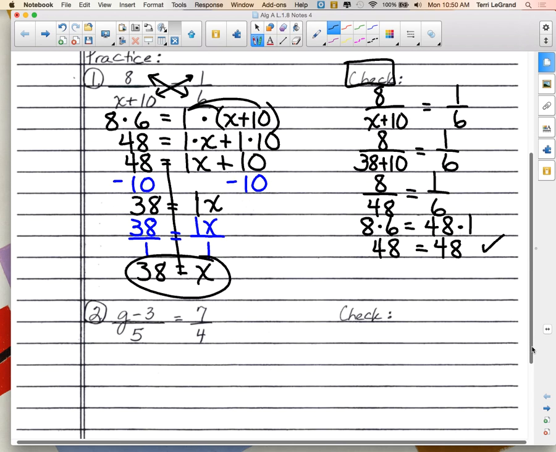Now, if you're going to do it the other way, you want to simplify this fraction. They both are divisible by 8, so I'll get 1/6. Then I can say 1/6 equals 1/6 because that's what's on the other side. I can say it checks. So you have that option also.